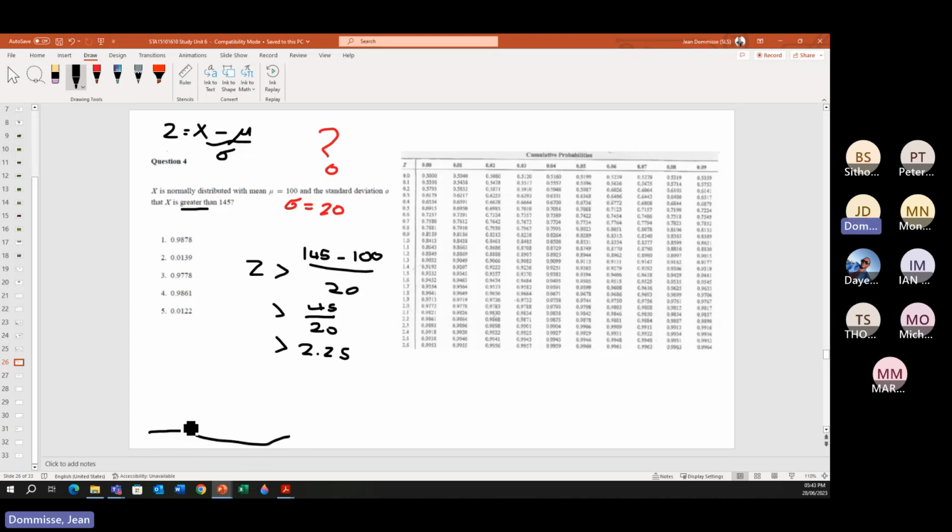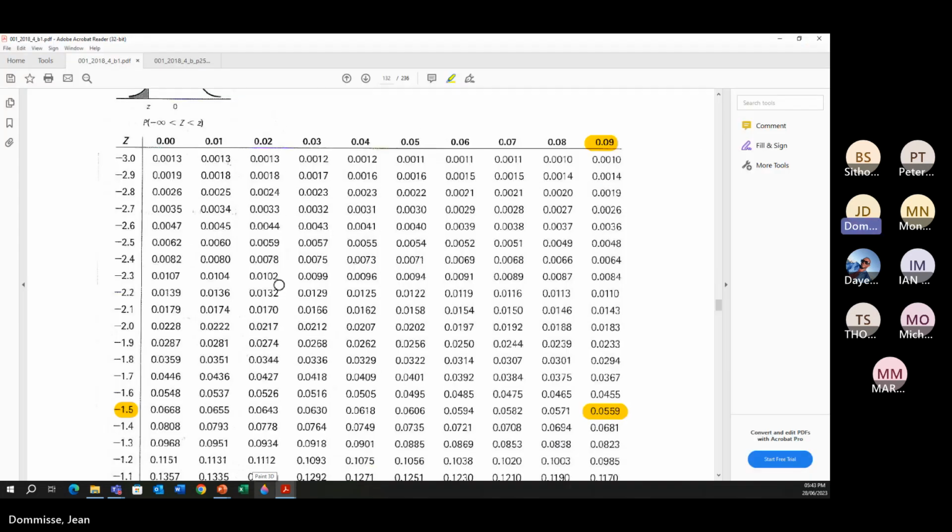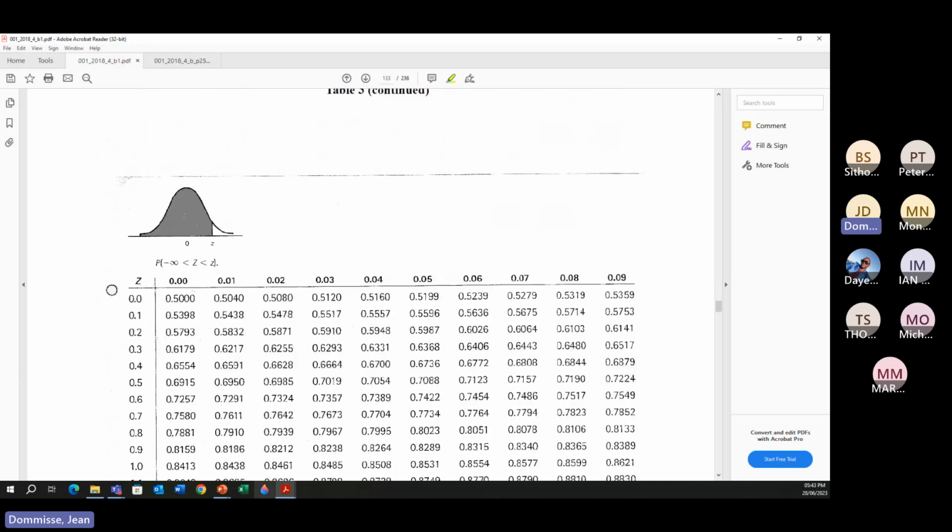If we draw the diagram again for us, it will be that small area. Unfortunately, when we go to this table, we work with the positive, and we actually get the left side of that.